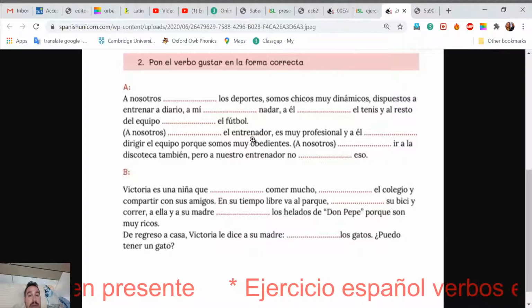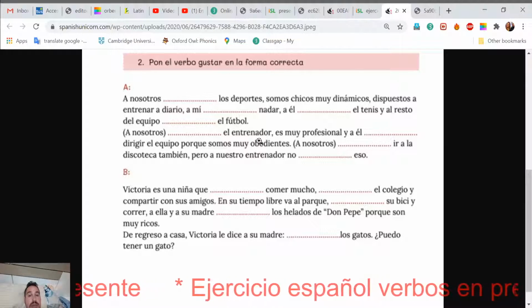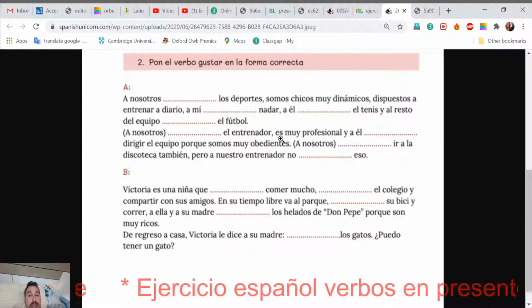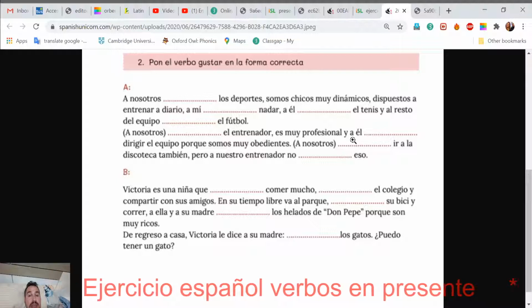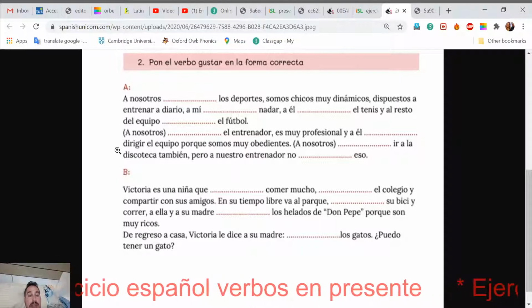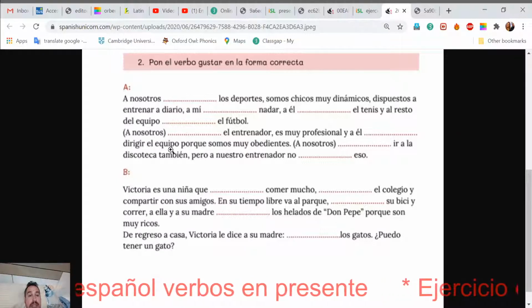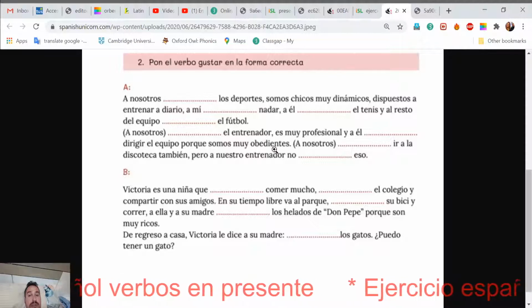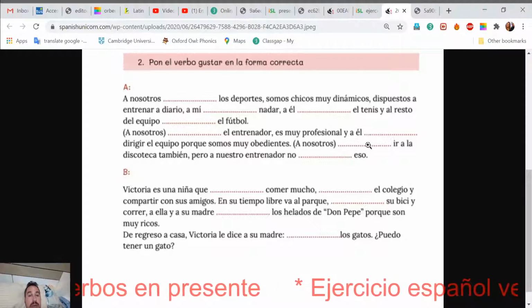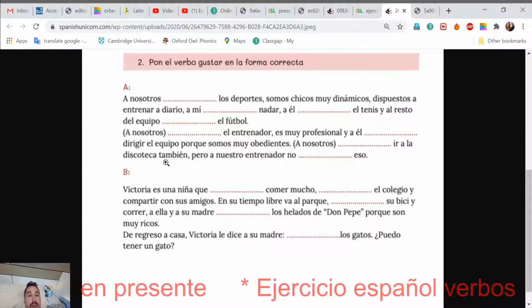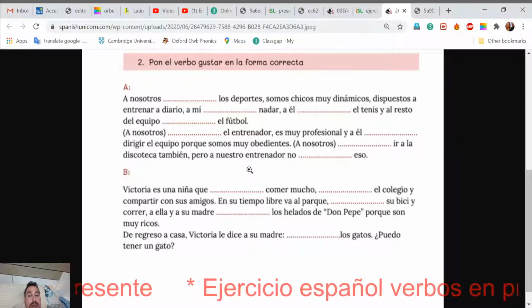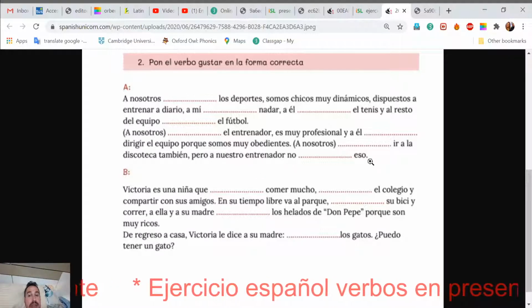We like our trainer or coach. He's very professional, and he likes leading the team because we are very obedient. We like going to the nightclub as well, but our coach doesn't like that.